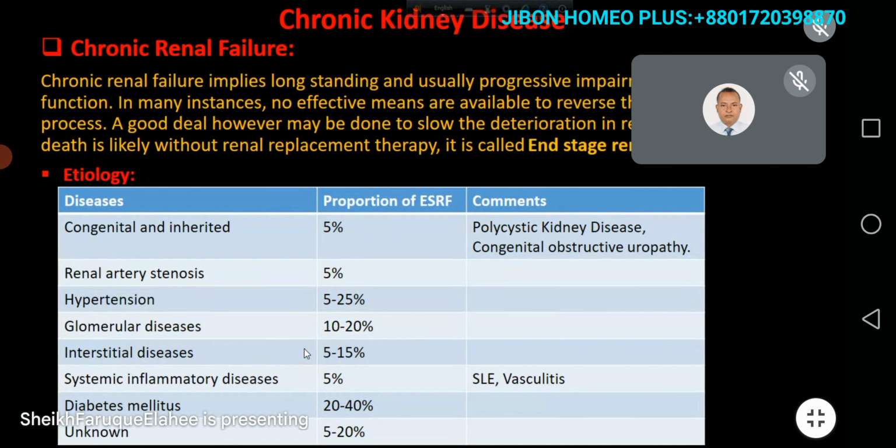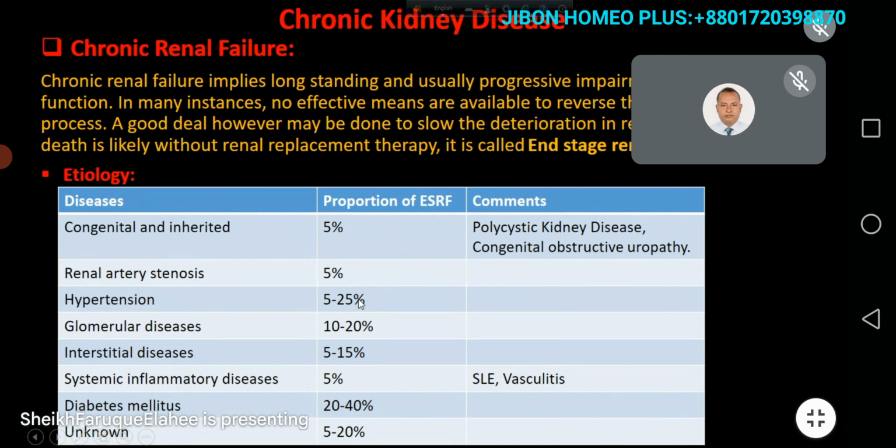By allopathy, no. They will only control it and it will go on towards chronic kidney disease and renal failure. So these are called interstitial disease, 5 to 15%. Glomerular disease 10 to 20%. So another 35% of cases are by originally kidney disease, 40% by diabetes, and 25% by hypertension.